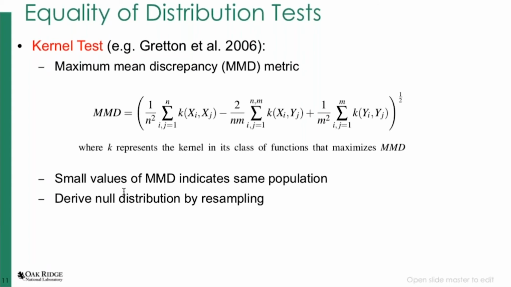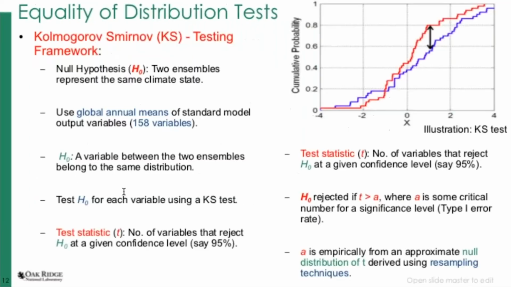And then you compute this metric. It's called the maximum mean discrepancy metric, or the MMD. And then you look at its distribution using resampling again and again. If you have small values of MMD, that means the samples are coming from the same population. If the values are larger, then probably they're coming from a different population or a different climate state.